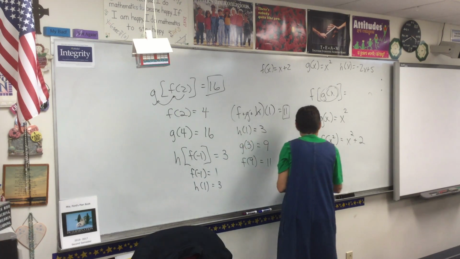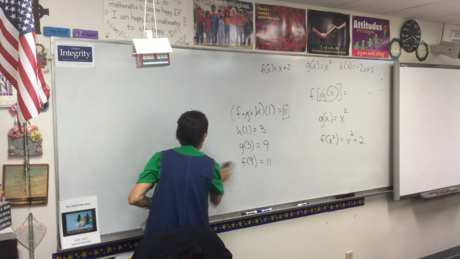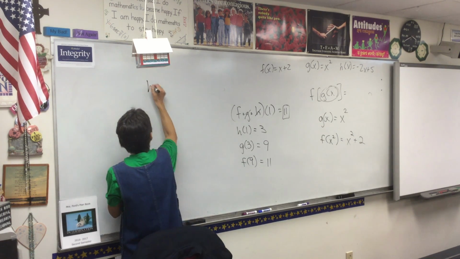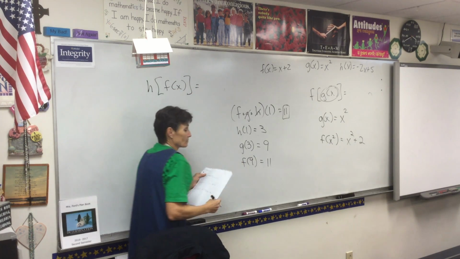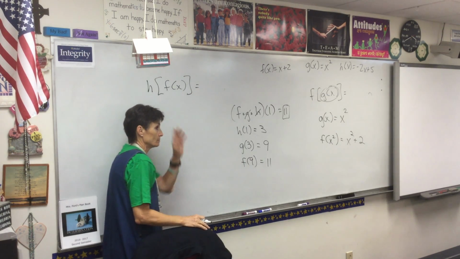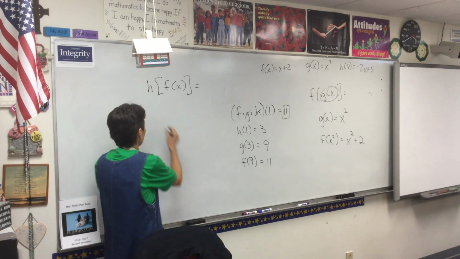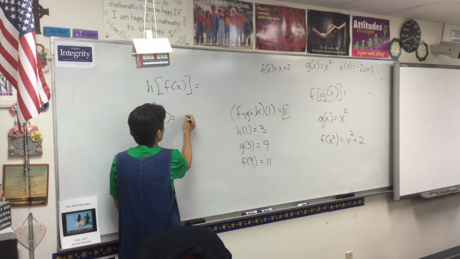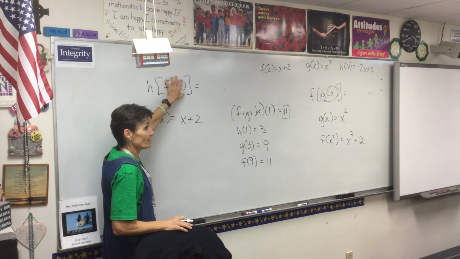How about h of f of x on the next page? H of f of x. So what do we start with? F. And the f function is x plus 2. So this right here is x plus 2.